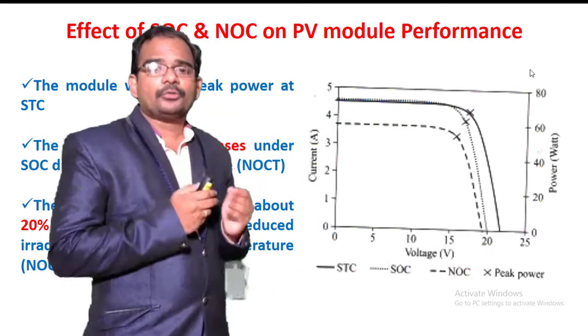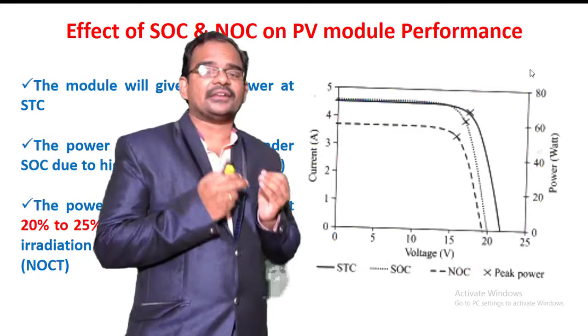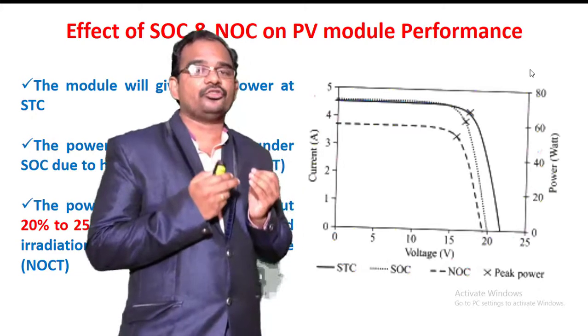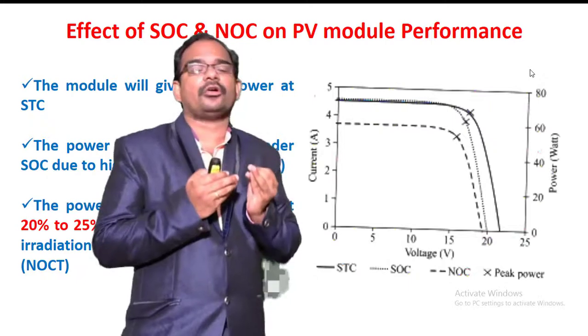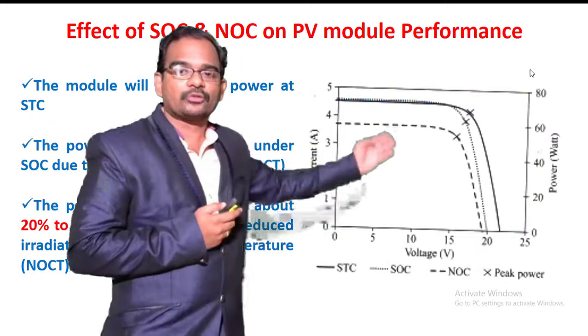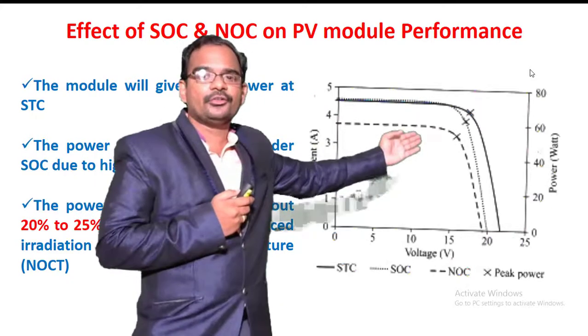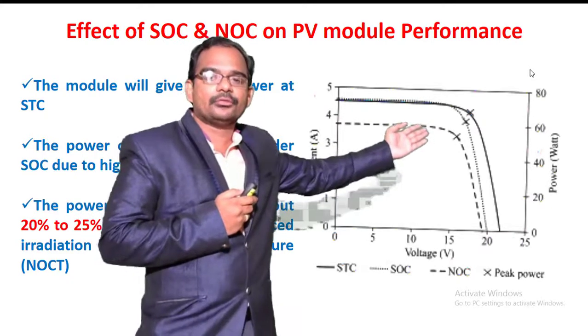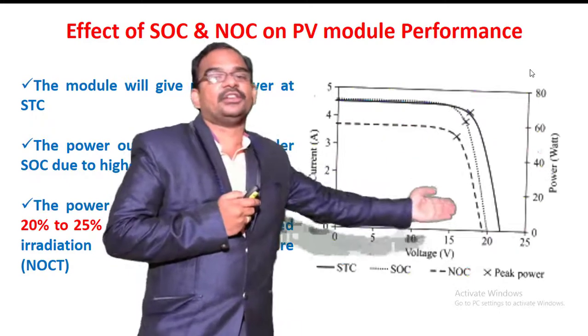So the power output reduces by 20 to 25% under normal operating conditions due to reduced irradiation as well as the higher temperature called NOCT. And you can also observe that the cross mark, the peak power, is reduced drastically, by about 20 to 25% in the case of NOC.